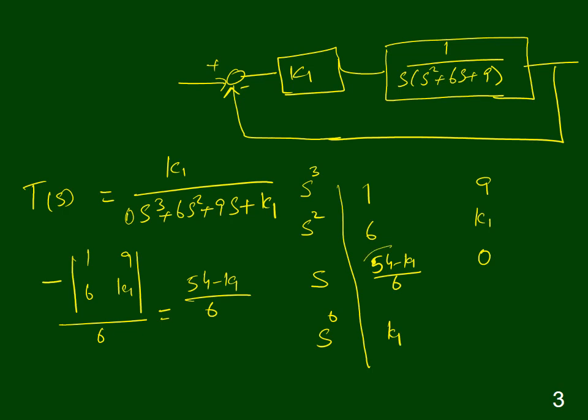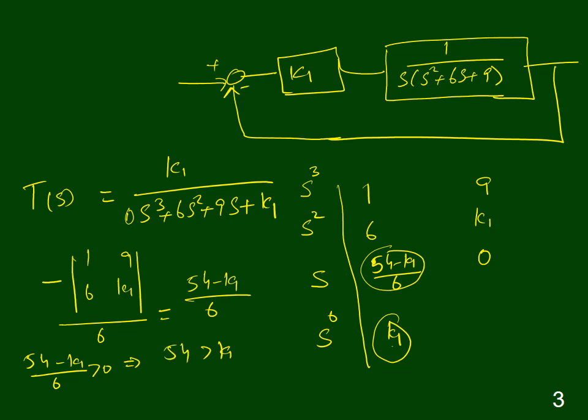So we need this to be greater than 0, and this one to be greater than 0. Here it gives us (54 minus K1) upon 6 greater than 0, which implies that K1 should be less than 54.